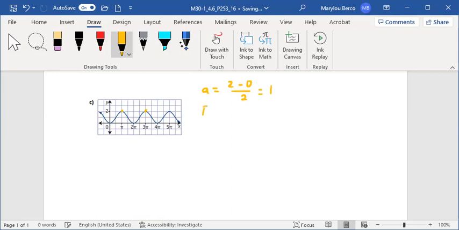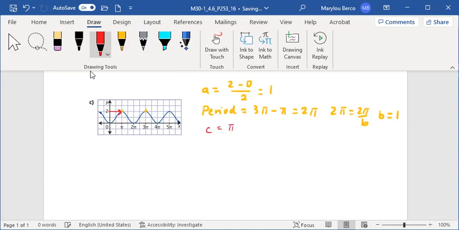So the period is 3 pi minus pi, which is 2 pi, and 2 pi equals 2 pi over b, so b equals 1. The start of the first cycle of the cosine curve is to the right of the y-axis, so it'll start right here. So c equals pi.